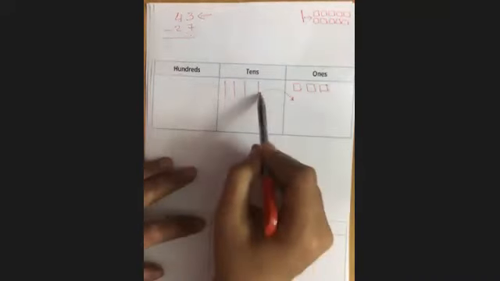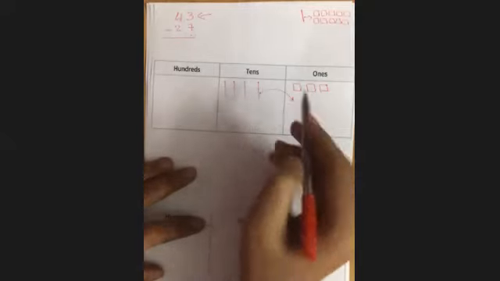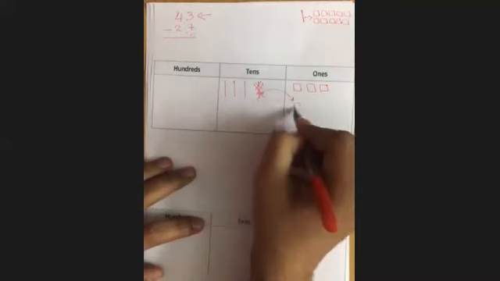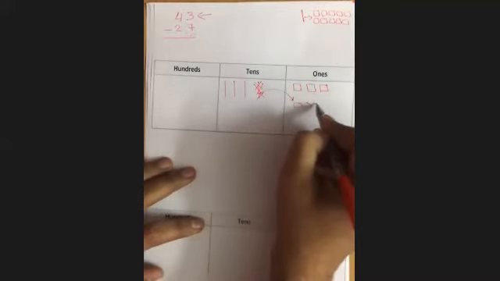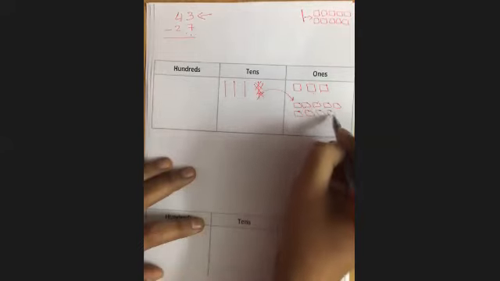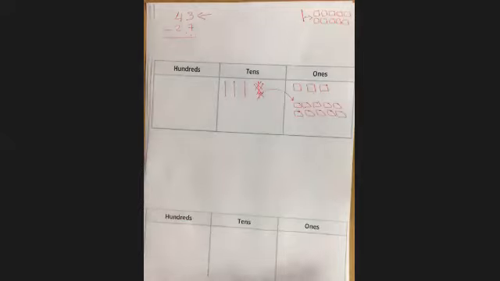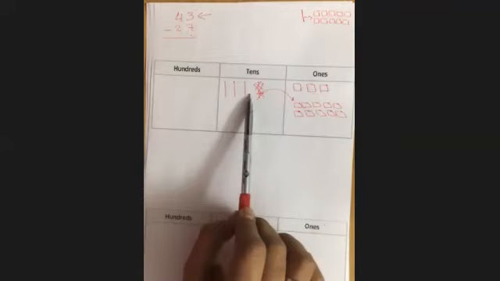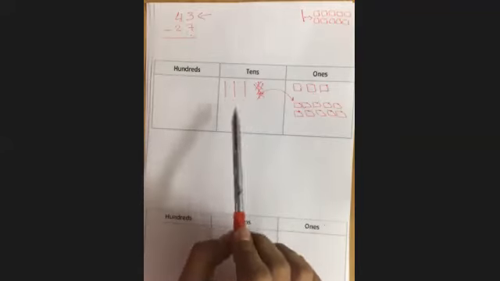So I will take 1 from here and put 10 squares here. 1, 2, 3, 4, 5, 6, 7, 8, 9, 10. So from the beginning, what we do here, step 1, we represent 43 by 3 squares in ones and 4 lines in tens. This is step number 1.